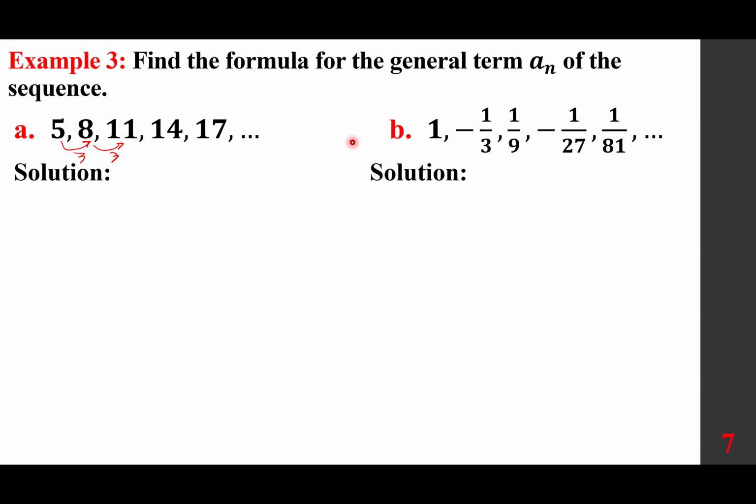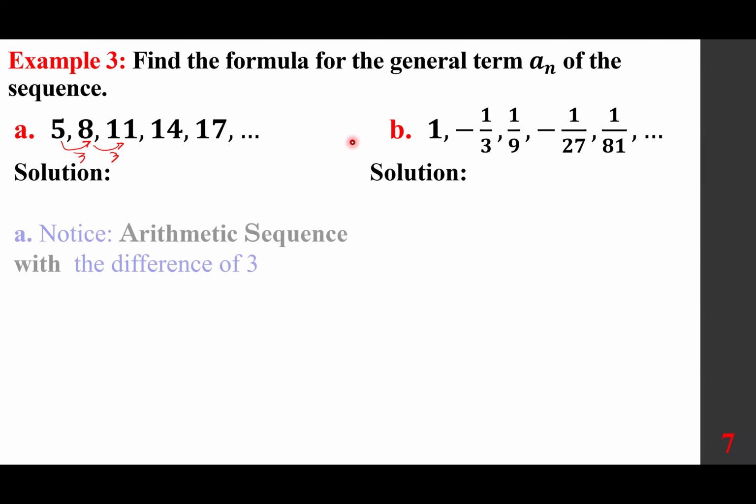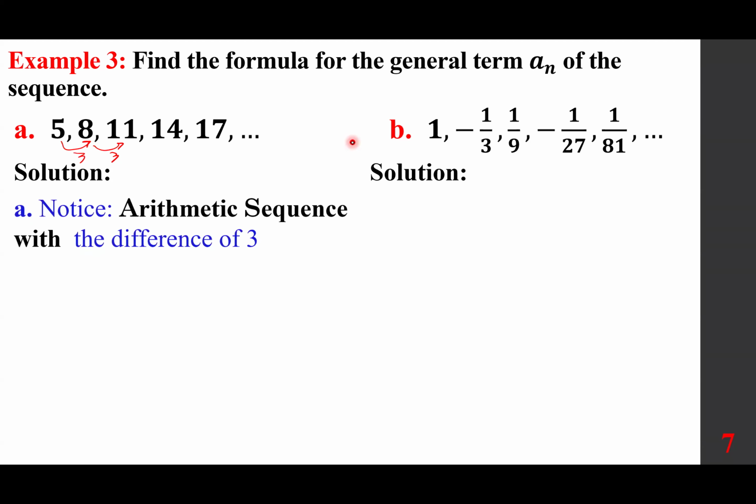So this is an arithmetic sequence with the difference of 3. The first term is 5, the d is 3. That's just by inspection. Now a sub n is a sub 1 plus (n minus 1) times d. Replace the a sub 1 with 5 and d with 3.